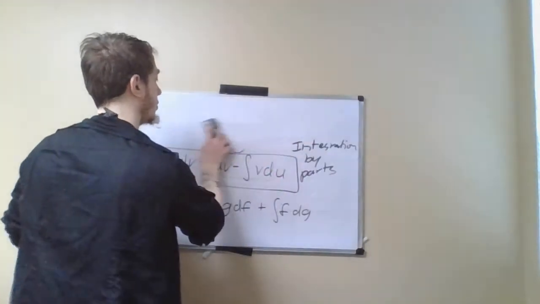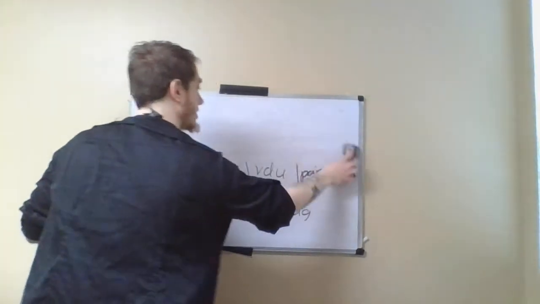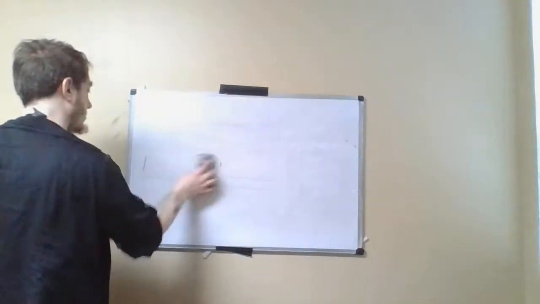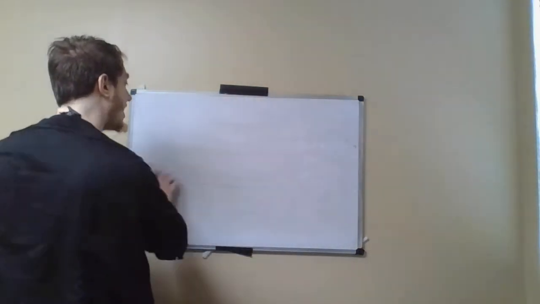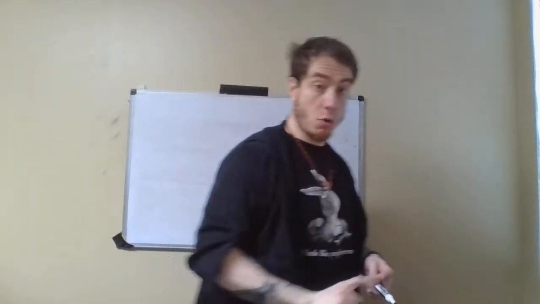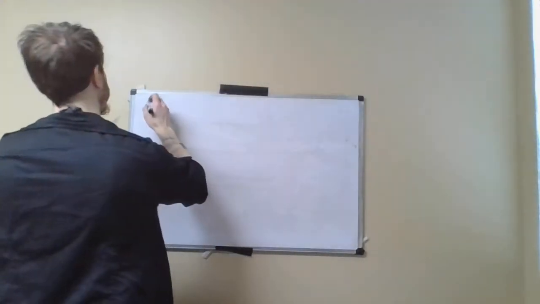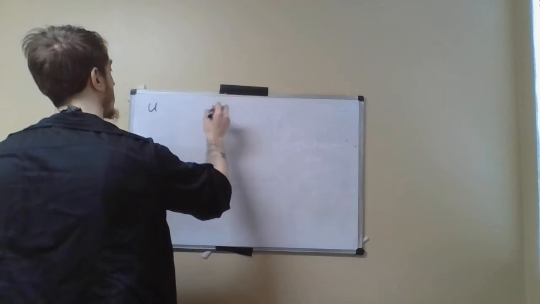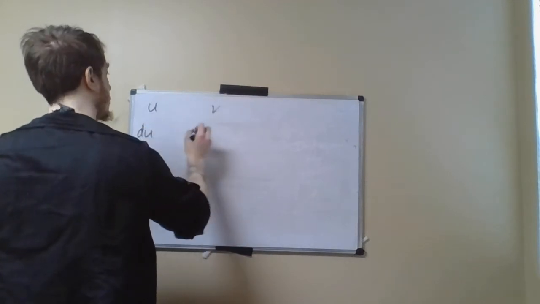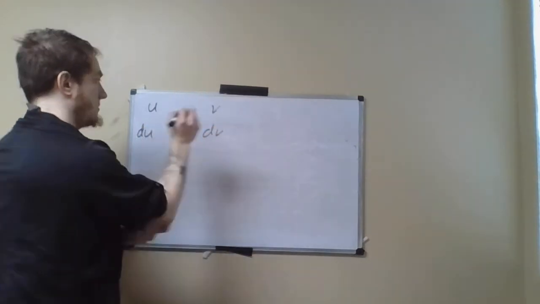So let's take a quick look at some examples of using integration by parts. Now, the thing that you're going to want to do when you set up an integration by parts problem is you need to find your u, your v, your du, and your dv.